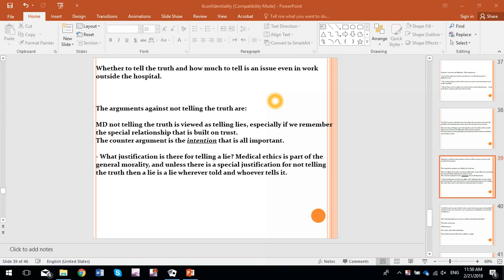And unless there is special justification for not telling the truth, then a lie is a lie wherever told or whoever tells it. وإذا ما فيش justification not to tell the whole truth، معناته الكذب كذب بغض النظر وين حكيتها ومع مين حكيتها.